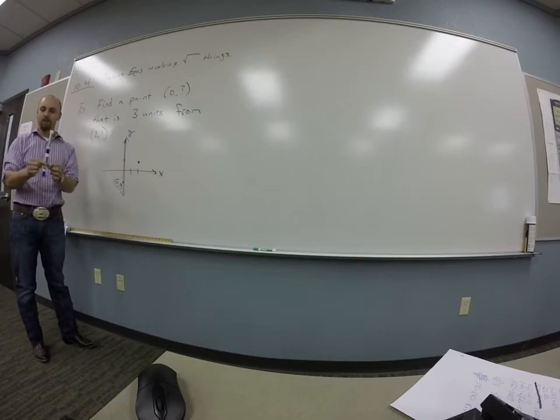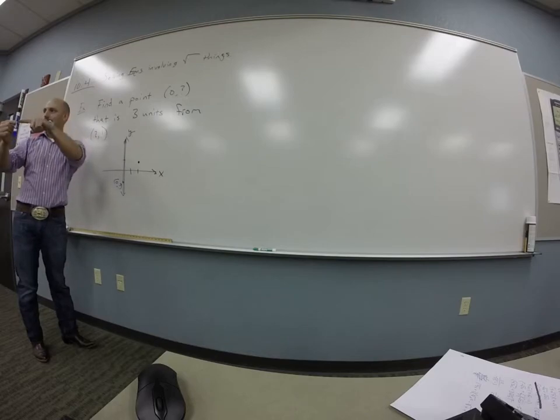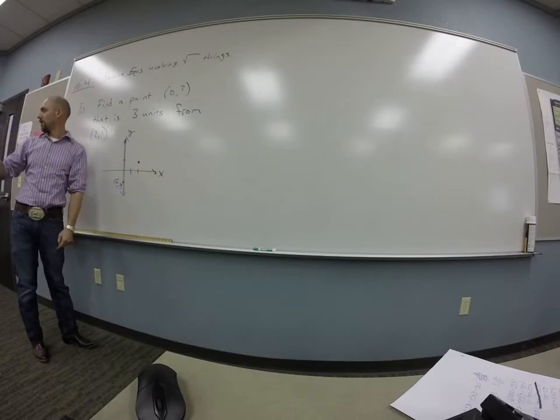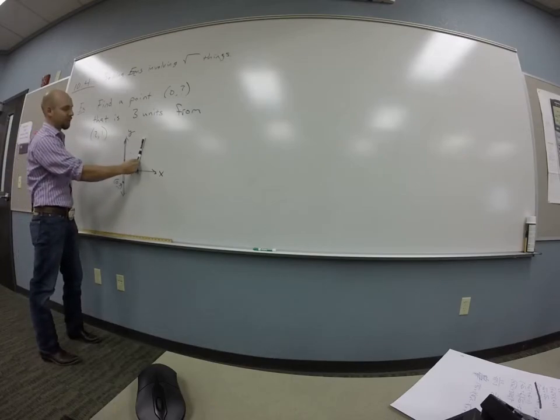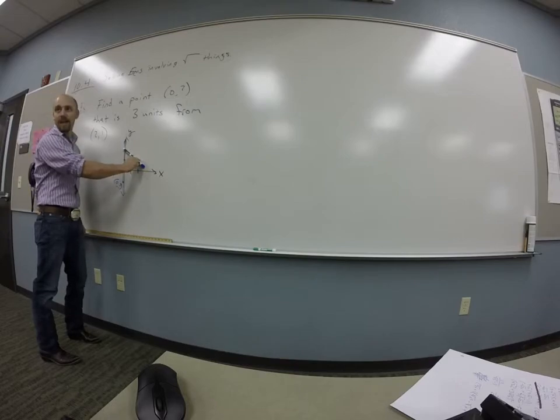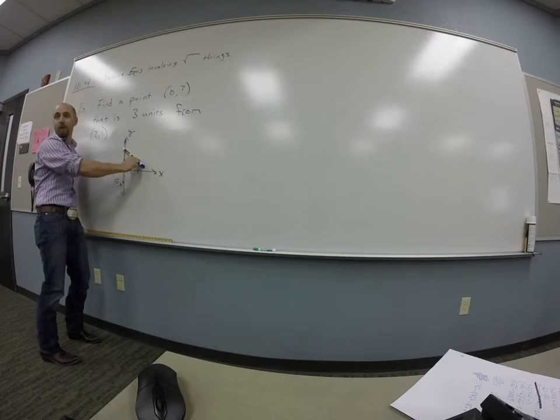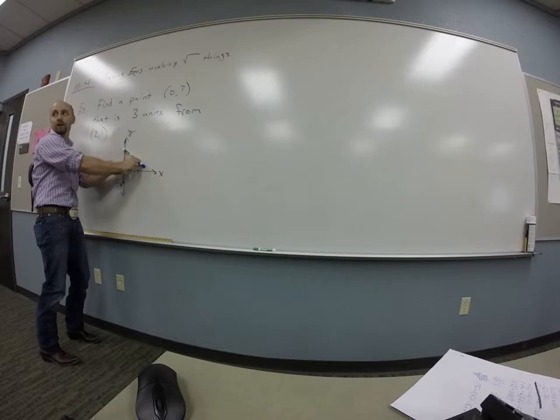Cool, so I'm going to hold this one in the middle, so I've got 1.5 from my fingertips at the end. That's 3 units. So these are the points that are 3 away. You guys see that's the point I'm looking for? On the y-axis. That's the one I'm looking for right there. Because it's 3 units from 2, 1.